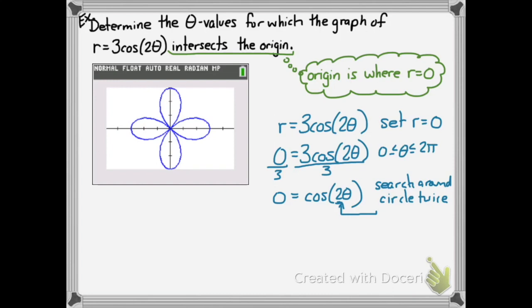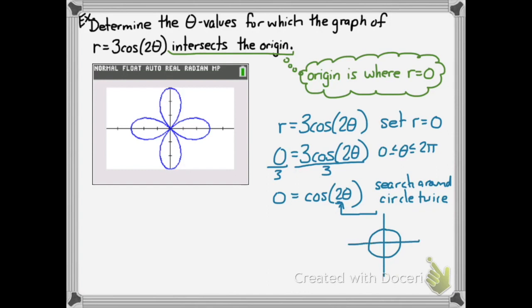Alright, so when I think about the cosine function, cosine of an angle equals 0, that output of 0 tells me that the angle inside the parentheses is going to be a quadrantal angle. So my technique for figuring out what those angles are is to look at the unit circle, and cosine is the x value on the unit circle.